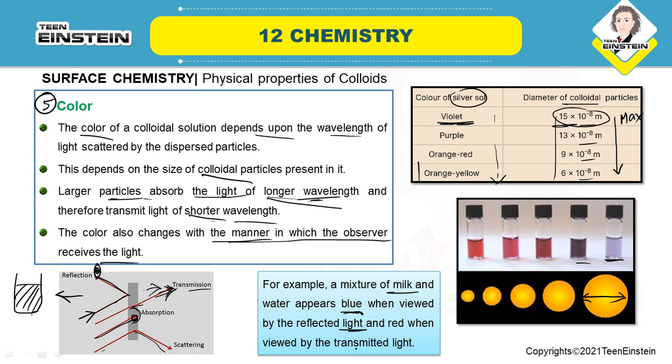But when you are viewing the transmitted light, then it will be red in color, because when your direction of eye is here, you will see a different color, because the wavelength that you are seeing is basically the rest of the wavelength that is not absorbed. But when you are seeing from the reflection side, obviously this transmitted wavelength you will not see, so the color will be different. So these are the important points related to color for colloids.